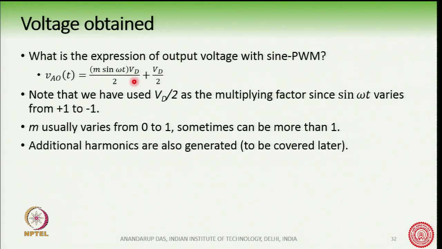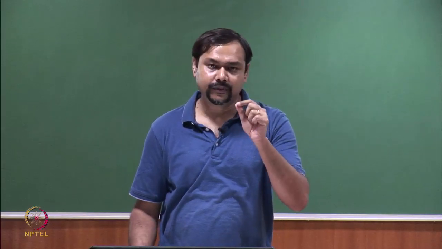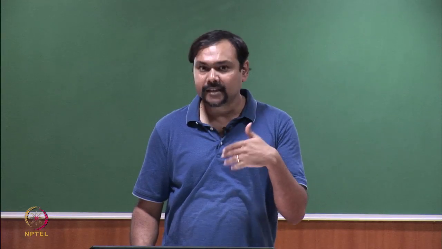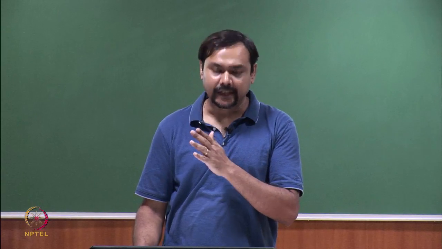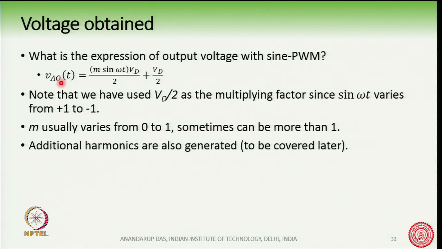So, the pole voltage or VAO has two parts, one is the AC part and one is the DC part. The DC part comes because of the choice of the reference point. If the reference is chosen in such a way that the DC part vanishes, then we can say that VAO(t) is m sin omega t into Vd by 2.